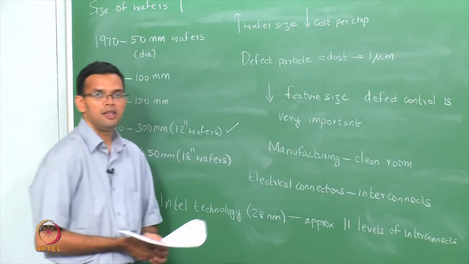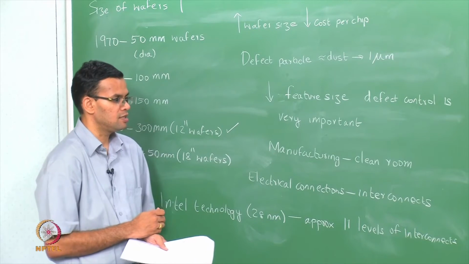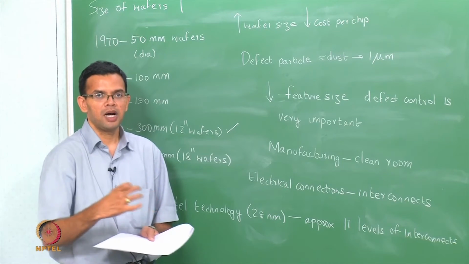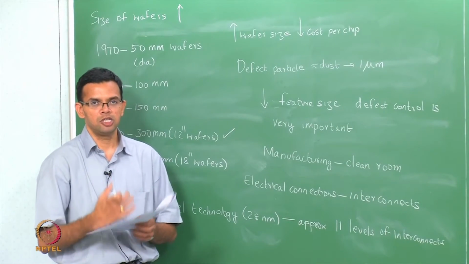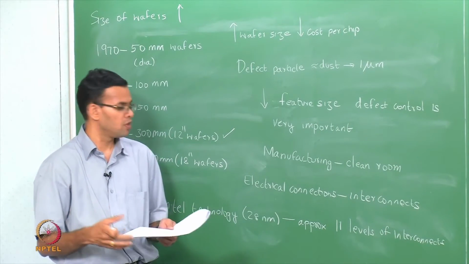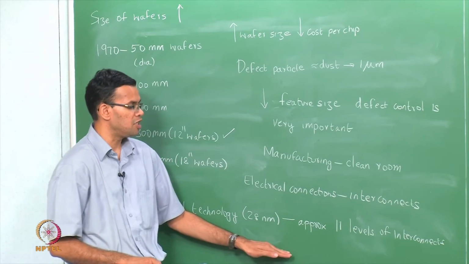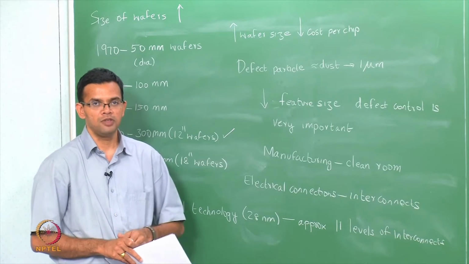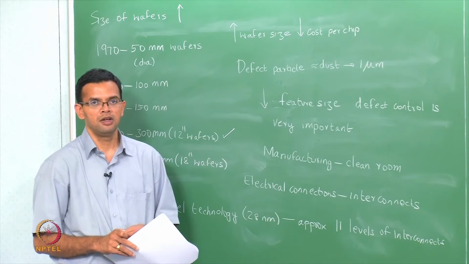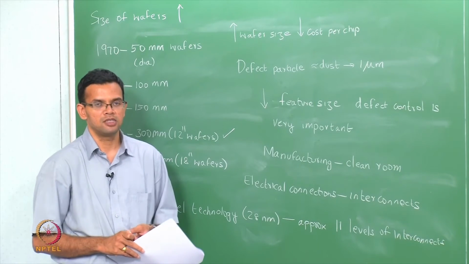As I mentioned earlier, these interconnects not only connect the individual transistors, but they connect different parts of the chip to each other, and ultimately they connect the chip to the outside world. So, if we reduce the size of the components, the complexity of the interconnects goes up. How we manufacture all of these on a single wafer again becomes critical, so that the complexity of the process increases.